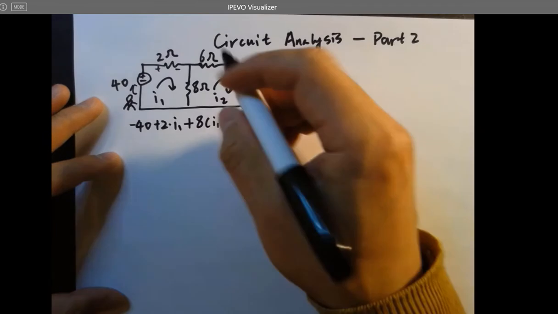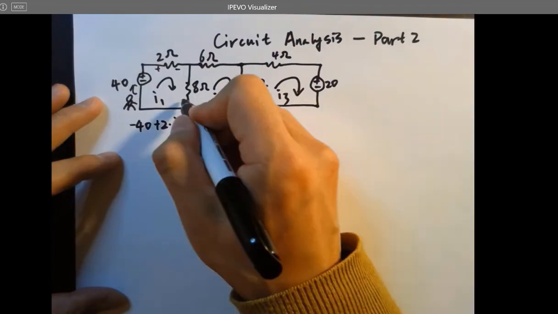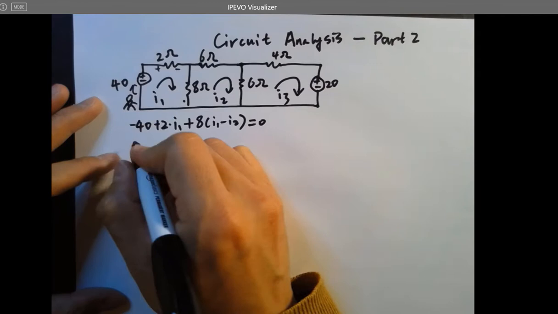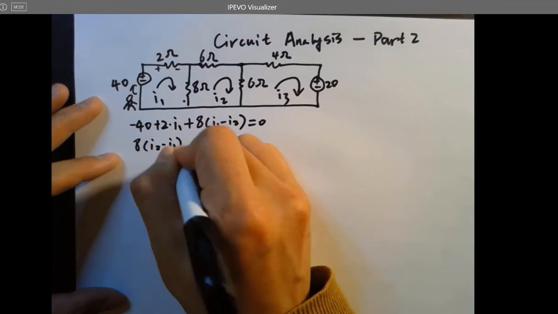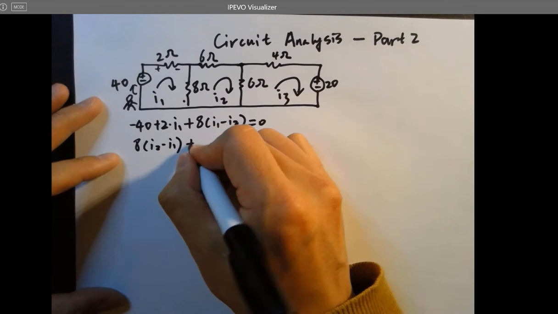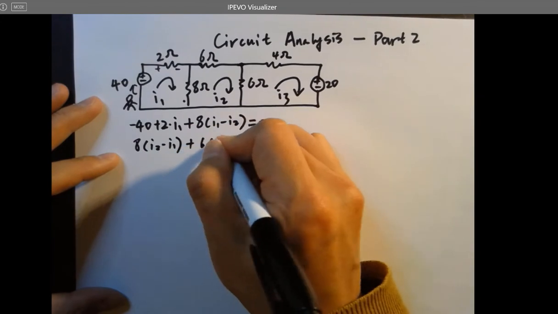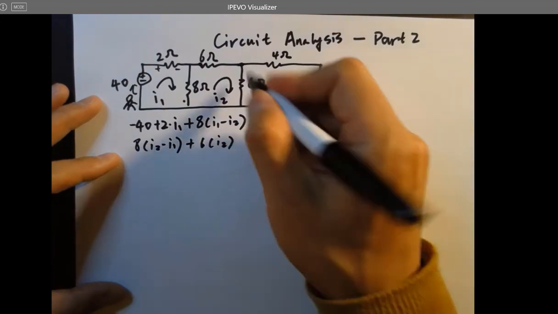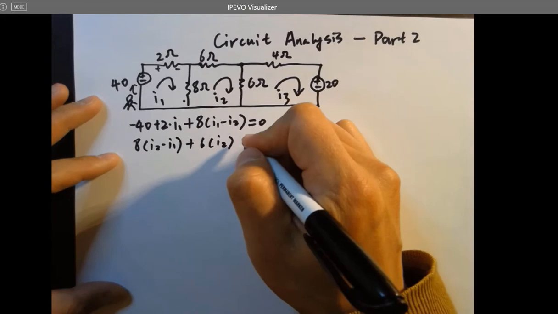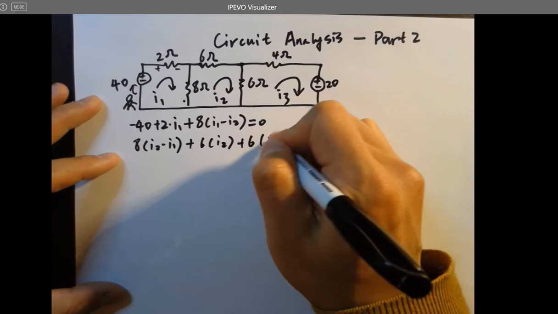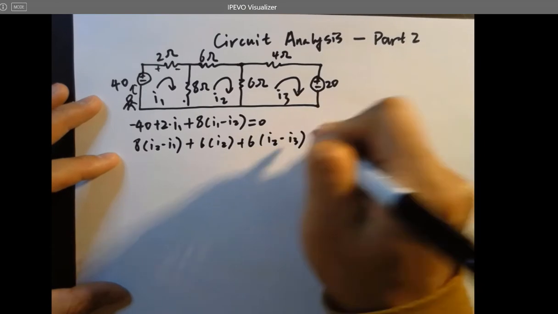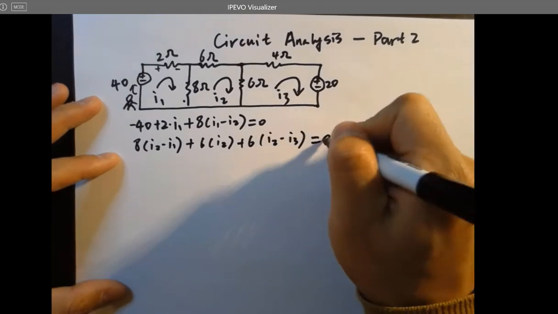Keep in mind. Now the second mesh. If we start from here, then that's 8 times (I2 minus I1), then 6 ohms, which is 6 I2, then 6 ohms again, which is 6 times (I2 minus I3) equals 0 according to KVL.